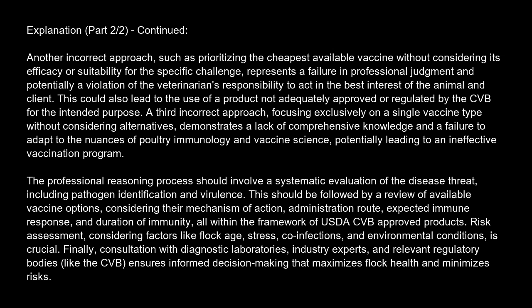The professional reasoning process should involve a systematic evaluation of the disease threat, including pathogen identification and virulence. This should be followed by a review of available vaccine options, considering their mechanism of action, administration route, expected immune response, and duration of immunity, all within the framework of USDA CVB-approved products.